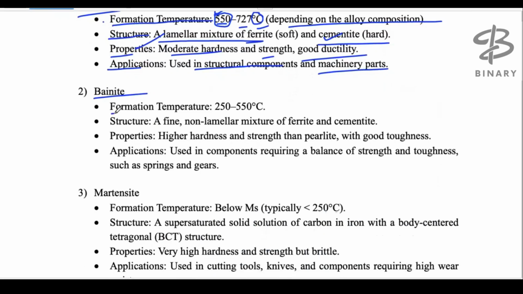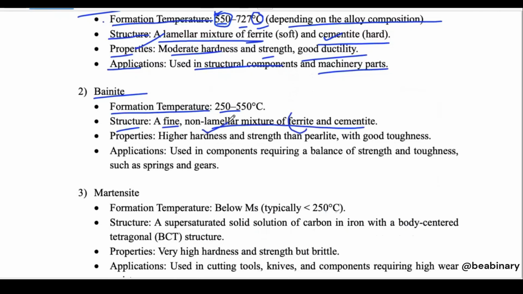The formation temperature of Bainite is 250 to 550 degrees C. The structure is a fine non-laminar mixture of ferrite and cementite. Here also we have both ferrite and cementite, but not in a laminar form like the sandwich of pearlite. It is just a normal kind of mixture.